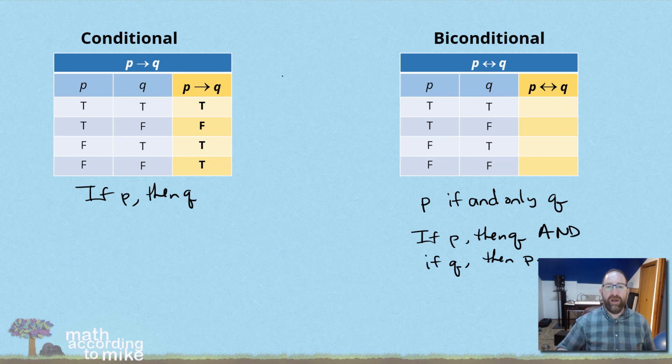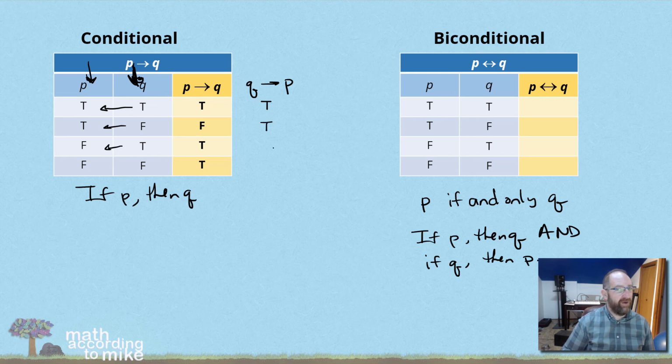Okay, so let's add on to this left table here. Let's make Q implies P using these 2 columns. So remember, for the conditional, the order matters. So Q is this column and then P is this one. So true implies true is true. False implies true is true.